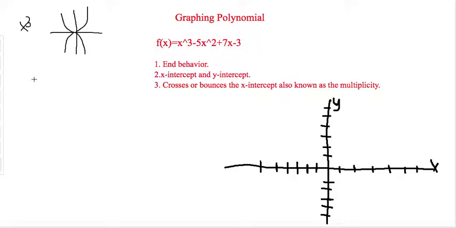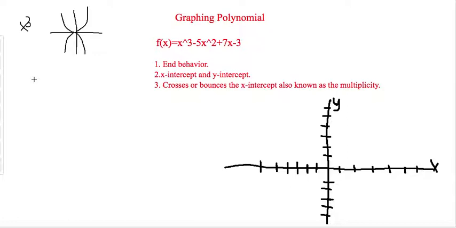So now the next step is finding the x-intercept and y-intercept. The y-intercept is easy. All you have to do is plug in 0 into the function. For the x-intercept, there are two ways: we can use synthetic division using p over q, or we could do grouping by factoring.